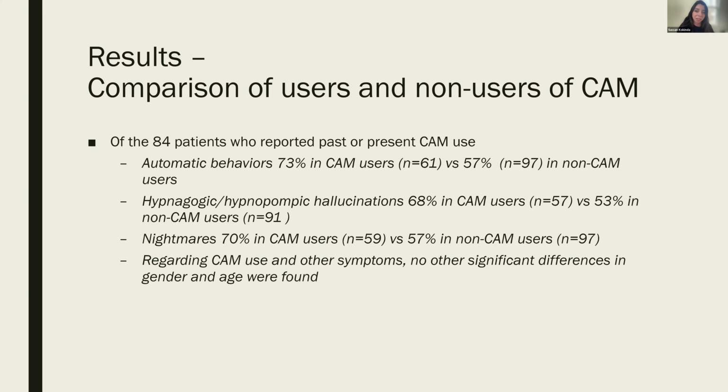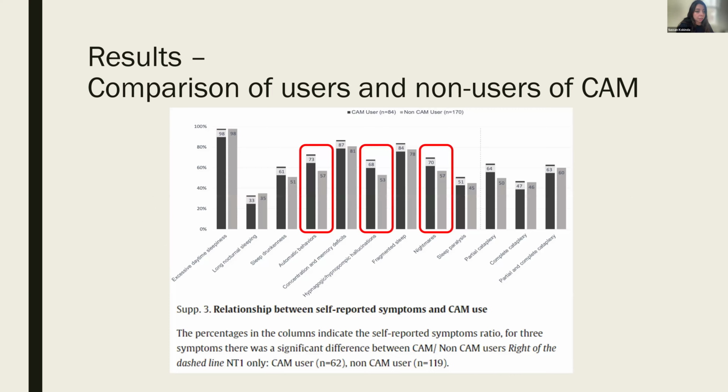In regards to all the other symptoms like excessive daytime sleepiness or even cataplexy, there was no significant difference between gender and age when using CAM. And here is just to summarize this in a nice graph. But you can see that within those 3, there was much higher use in CAM.